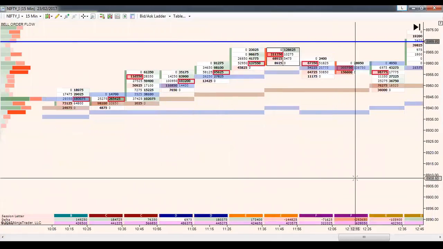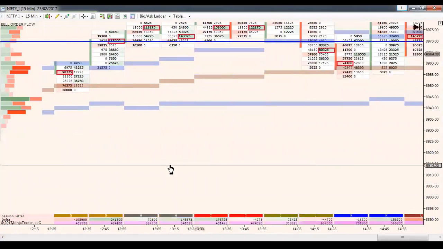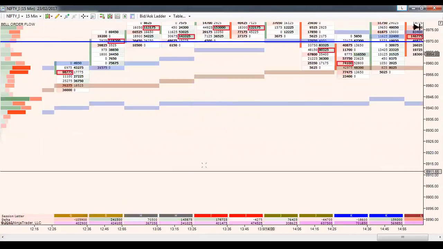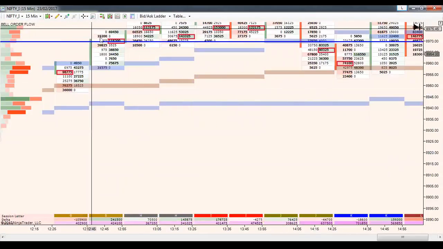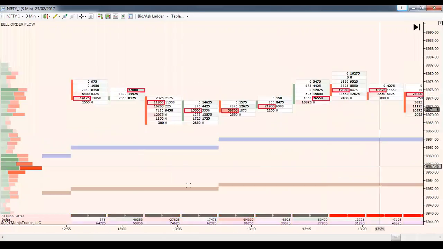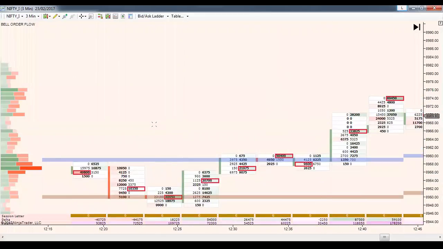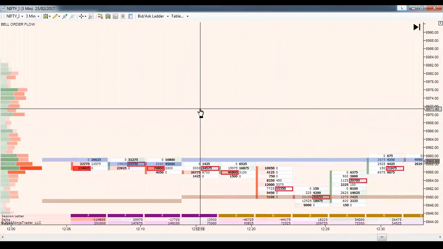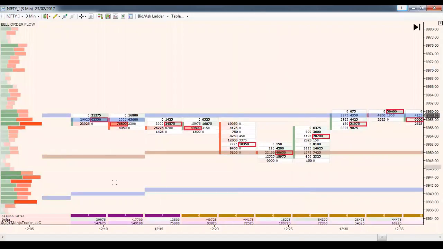Okay, this is today. Oh, I think it was on the 3-minute chart. Sorry, my bad. Let me just go and check on the 3-minute chart. Yes, this one. So this is 12:25.